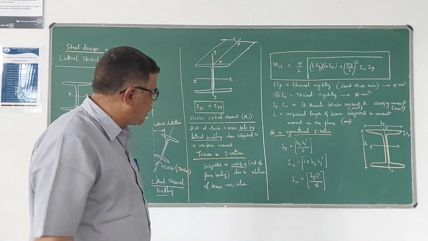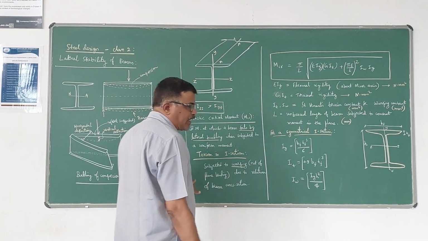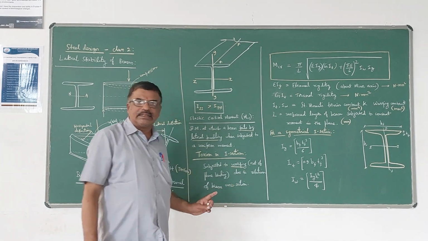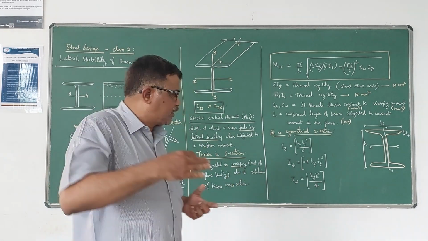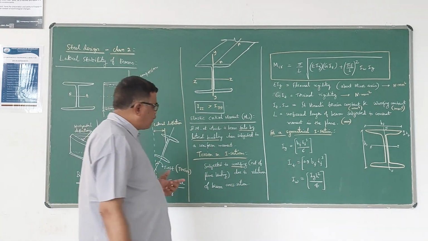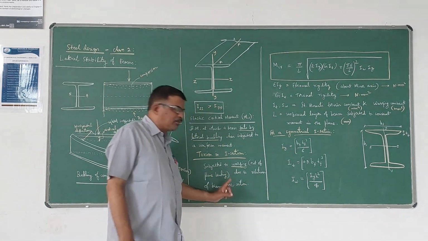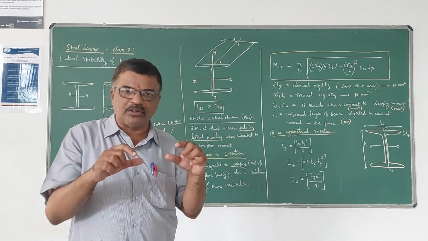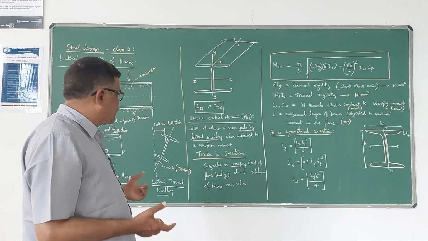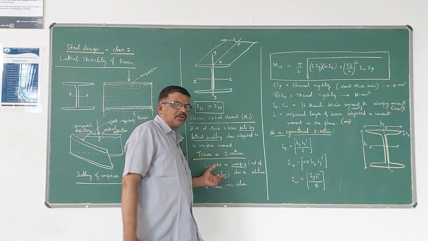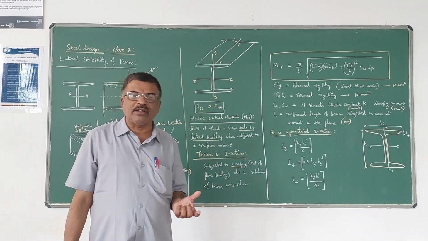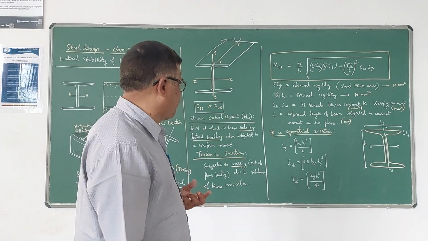Warping is nothing but out of plane bending or out of plane deformation. So in addition to twisting, warping also will be there. This warping will take place due to the rotation of the beam cross section when it is subjected to twist. That effect is called the warping effect.